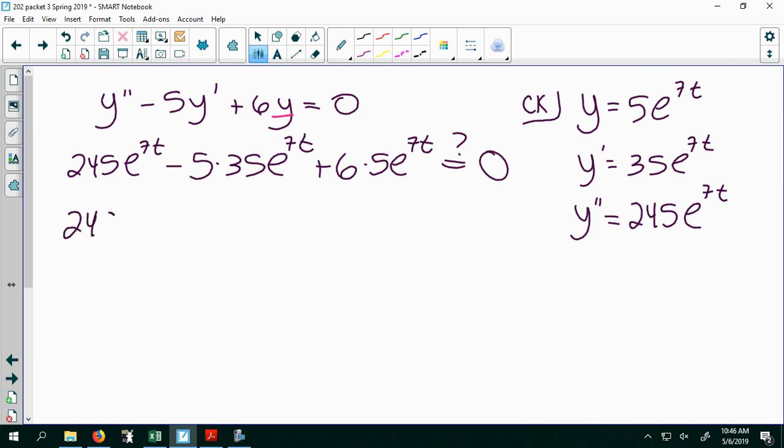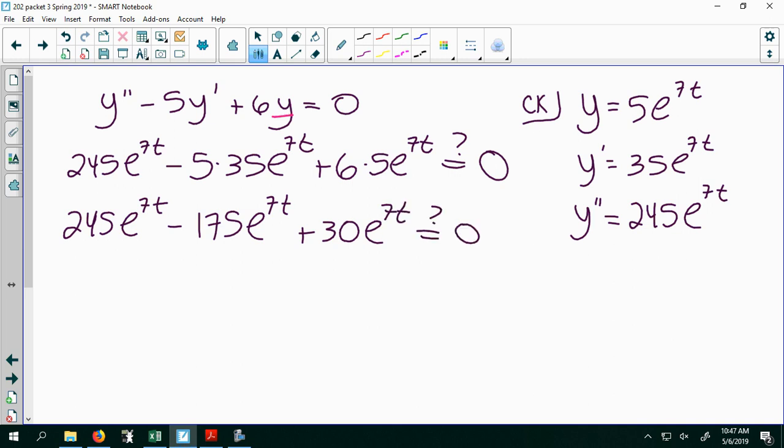So 245 e to the 7t minus 5 times 35, 175, plus 30 e to the 7t. Does that equal 0? No. Okay, this is not a solution. Does not make the equation true if you plug it all in.